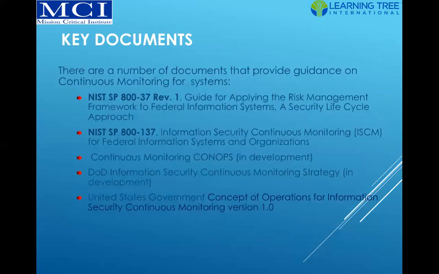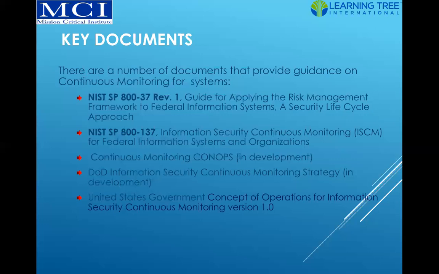So key documents I went over earlier. There's a number of key documents that provide guidance for continuous monitoring. NIST Special Publication 800-37 Rev 1 is the guide for applying the risk management framework to federal information systems, a security lifecycle approach.